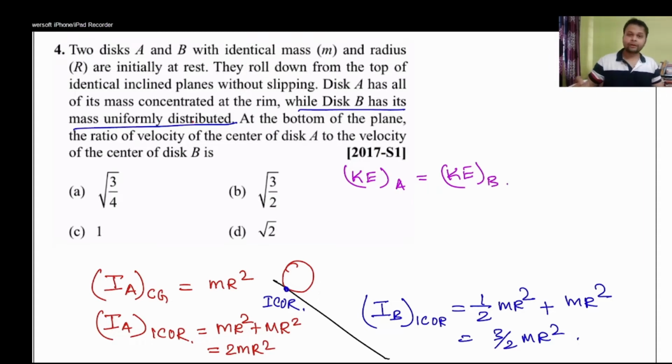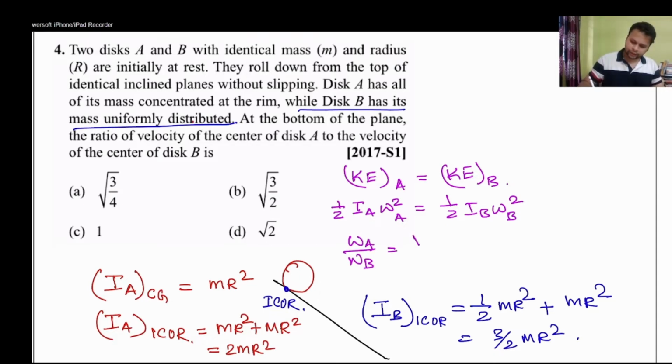So what is the kinetic energy of disk A? I can say it is half IA omega square, equal to half IB omega square. So omega A square by omega B square, sorry. I know the value of IA and IB. So omega A by omega B can also be written as VA by VB.